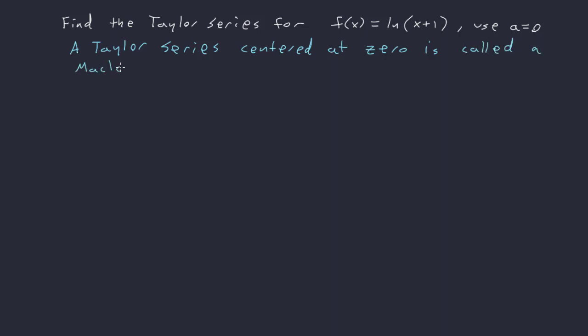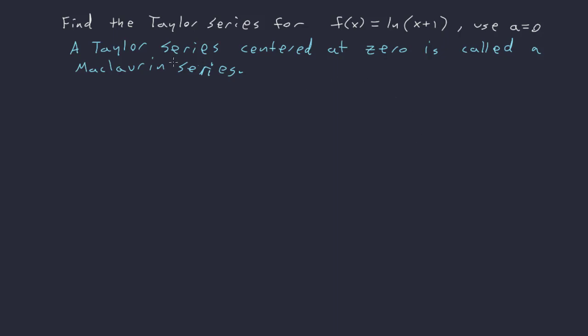I don't often use this terminology. I just say a Taylor series, and I just take for granted that it will probably be centered at 0 unless it can't be.